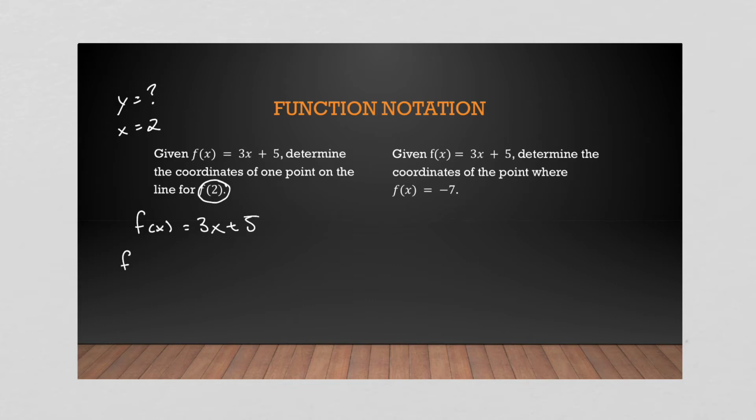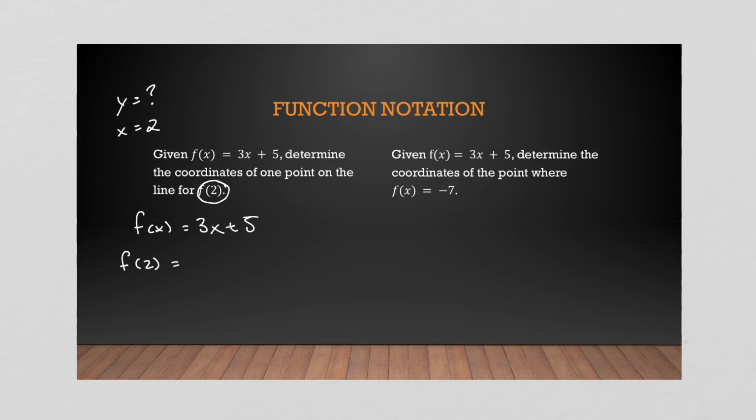So we say, well, f of 2 is 3 times 2. So you substitute the x for a 2, right? Plus 5. So f of 2 is 6 plus 5. So that means f of 2 is 11. So we have the point (2, 11). Input, output. It's pretty nice for that.